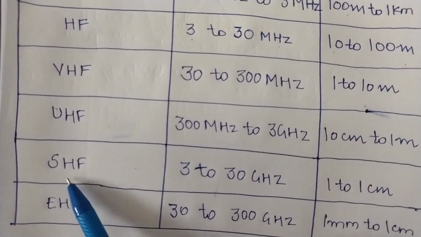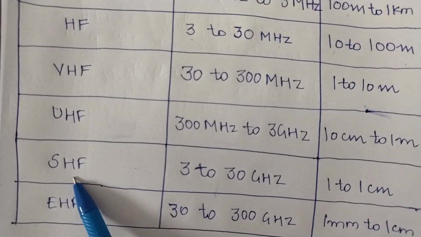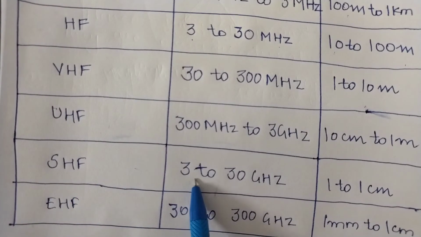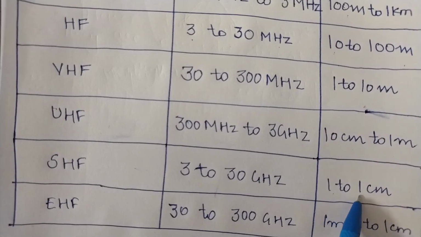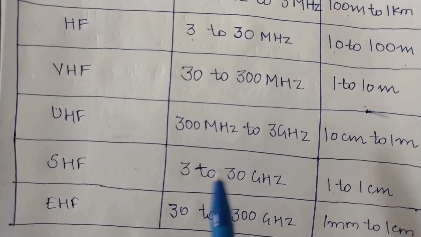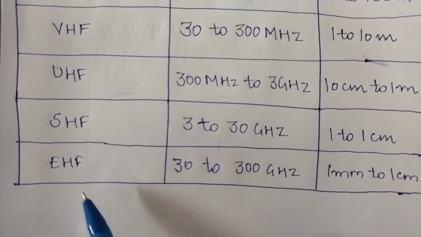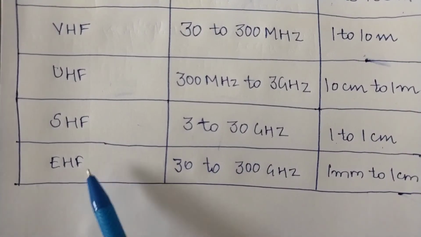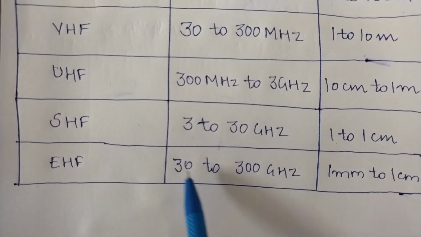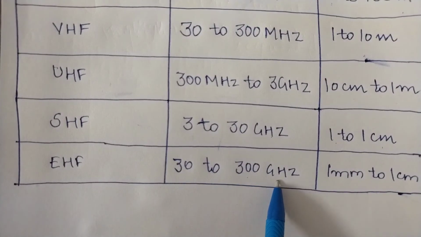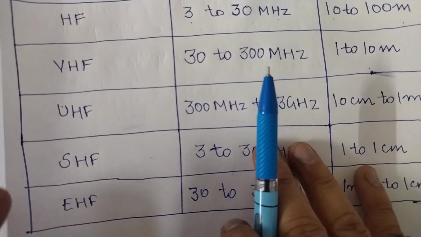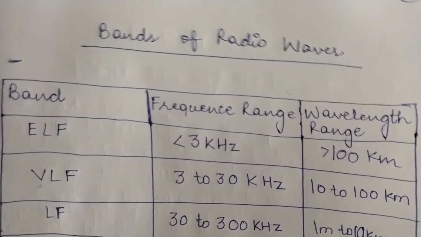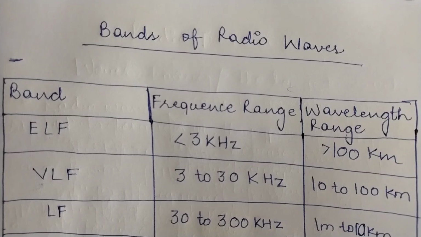At super high frequency or SHF, the frequency range is from 3 to 30 gigahertz and the wavelength is from 1 to 10 centimeters. And at extremely high frequencies, the frequency range is from 30 to 300 gigahertz and the wavelength is from 1 millimeter to 1 centimeter. So this is all about the radio waves or radio transmission.